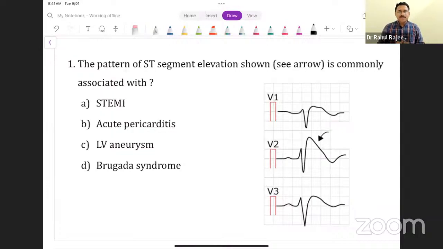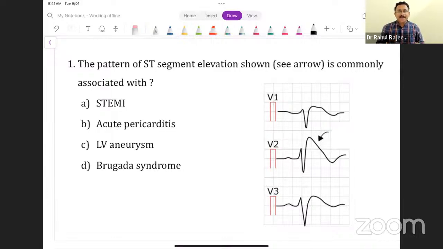Good evening, everyone. This will be a concise discussion of the Monday midday quiz questions. Every Monday in the DocTutorials app, we are conducting topic-wise quizzes in medicine. Today the quiz was on ECG spotters.